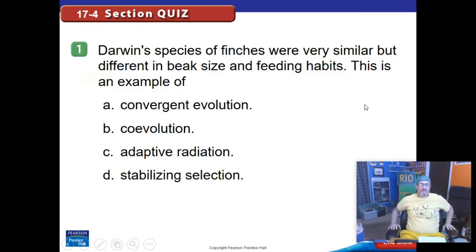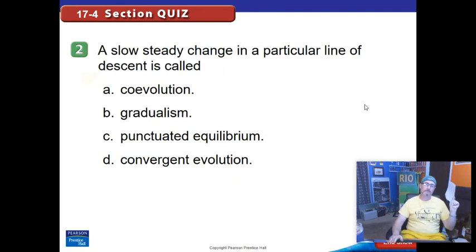Okay, Darwin's species of finches were very similar but different in beak size and feeding habits. This is an example of convergent evolution, coevolution, adaptive radiation, and stabilizing selection. Yeah, the finches are a perfect example of adaptive radiation.